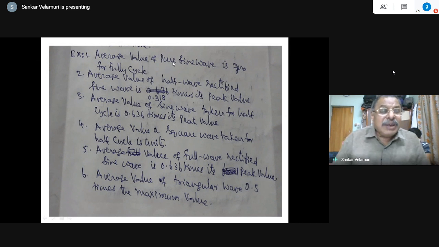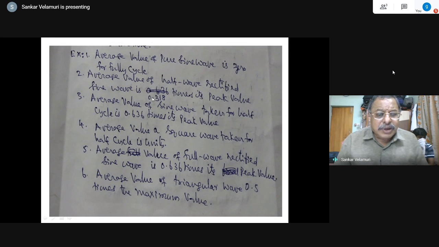If it is first year level, this point would not have been understood. Based on the fundamental definition, the approach of application and understanding is different for different levels. That is a viewpoint I would like to state here. So the average value of a pure sine wave is 0 for a full cycle. Sorry, I said fully cycle, which is not correct; it's full cycle. Small error. The average value of a half-wave rectified sine wave is well known.